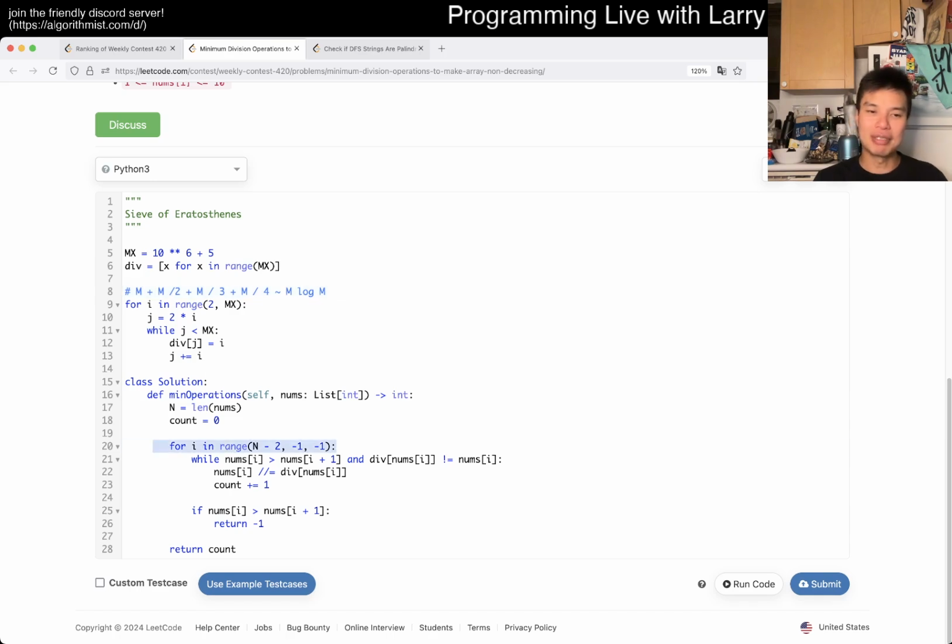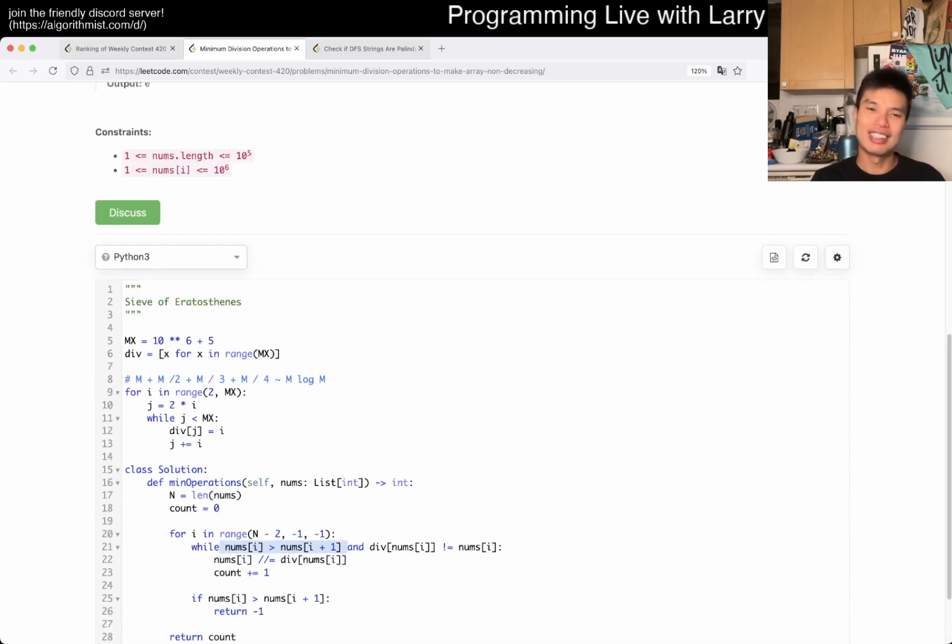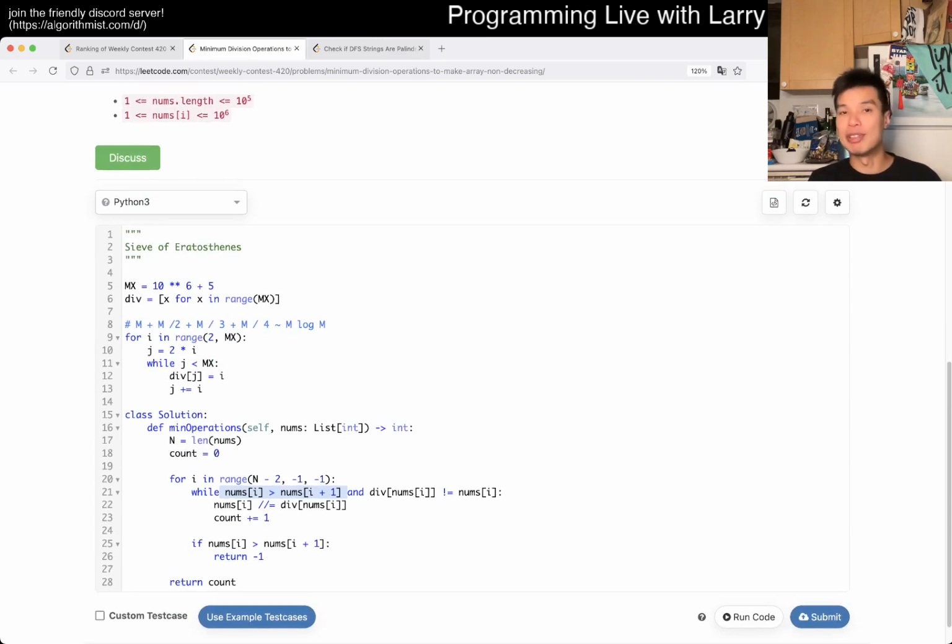Here, this is obviously an O of n loop, but we have this while loop in the middle. How does that go? Well, in the worst case, you could be very sloppy with this, because you're just trying to prove an upper bound. 10 to the 6 is a million, which is 2 to the 20-ish.